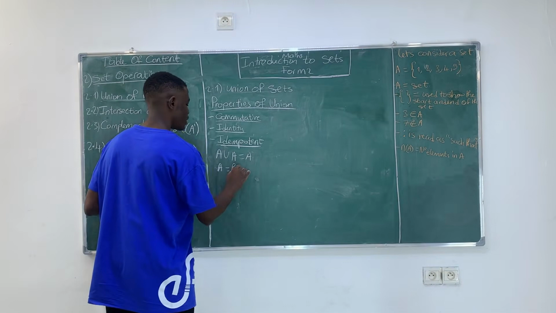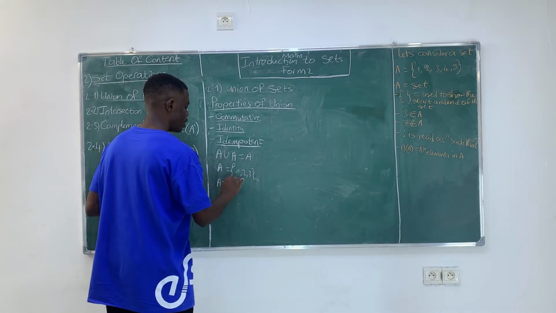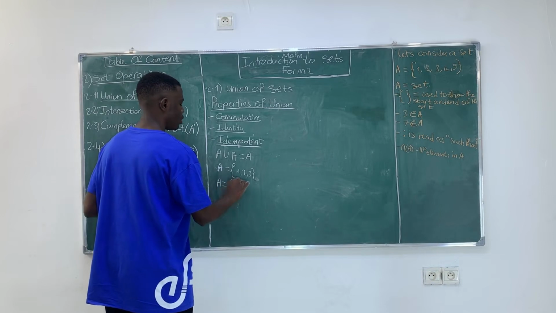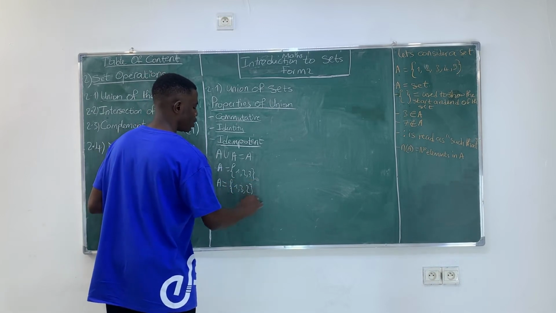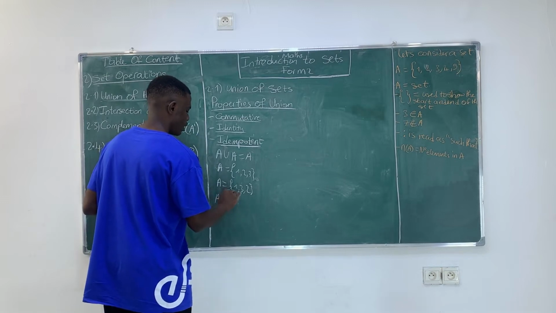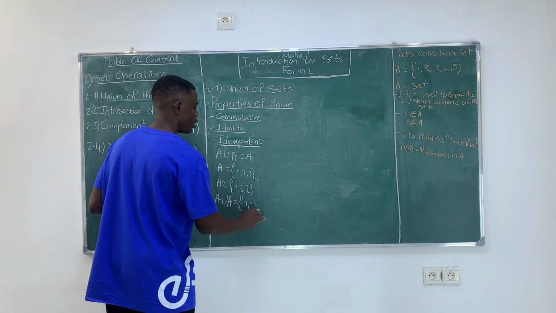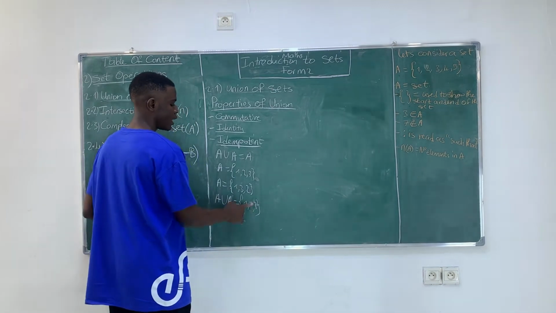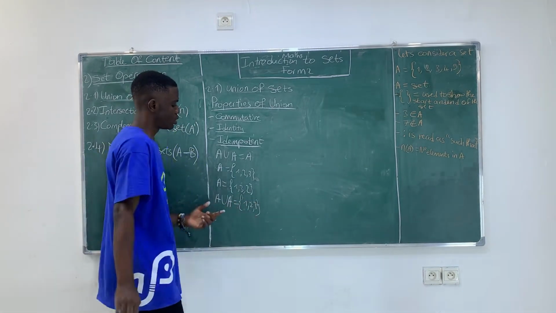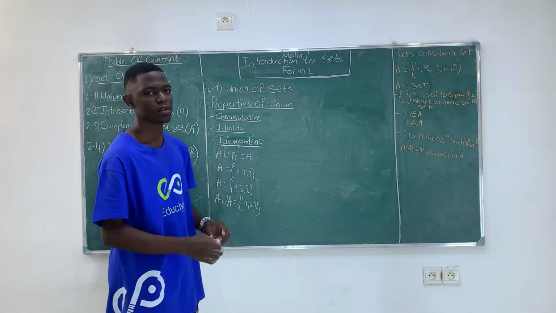For example, we have a set A which is 1, 2, 3, and another set A which is equal to the same 1, 2, 3. A union A, the same A, is going to be the same set, because there are no different elements and nothing new added. 1, 2, 3 is the same as 1, 3, 2.